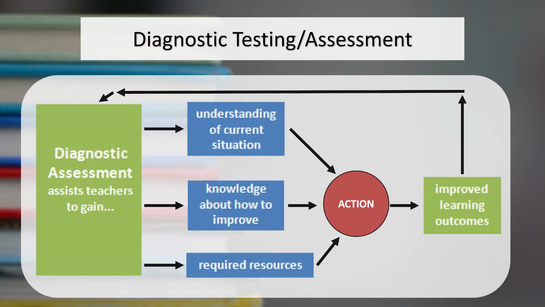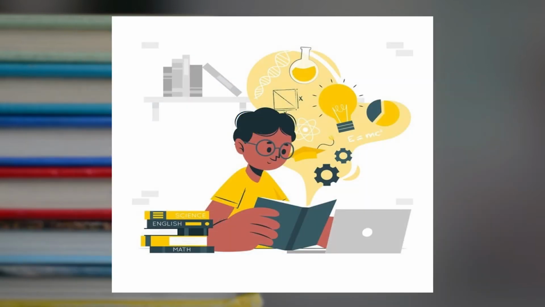If the learning outcomes improve, naturally the learning gap will reduce further and further, and you will be able to remove the learning gap. Some actions may take a shorter duration, some a longer duration. That depends on the problem.